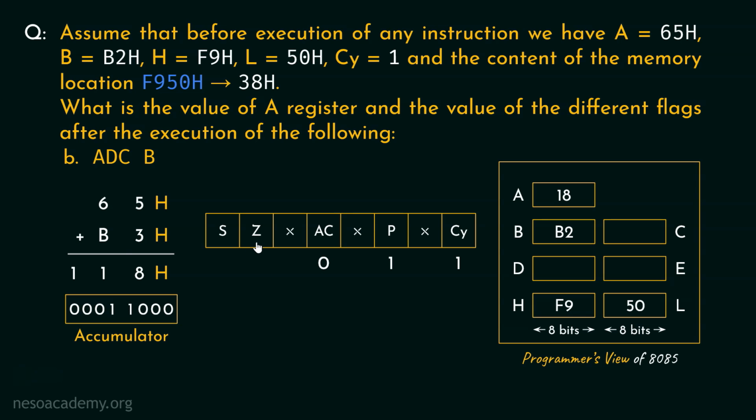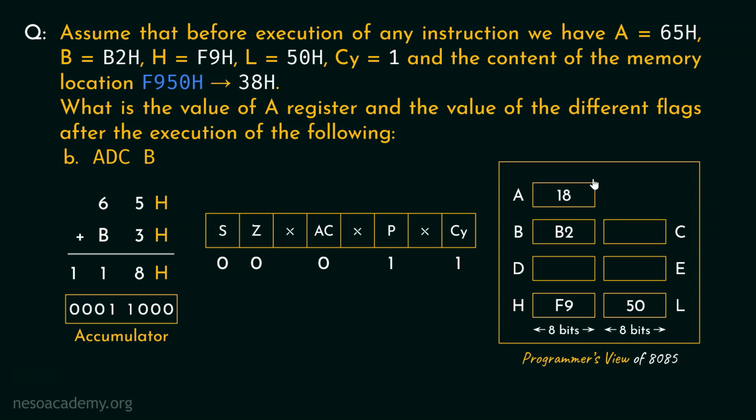What about the Z flag? Does the accumulator contain all zeros? No, right? So the Z flag will be reset to 0. Coming to the sign flag, the most significant bit within the accumulator is 0, so the sign flag will also be reset to 0.